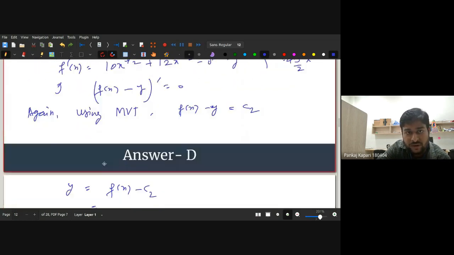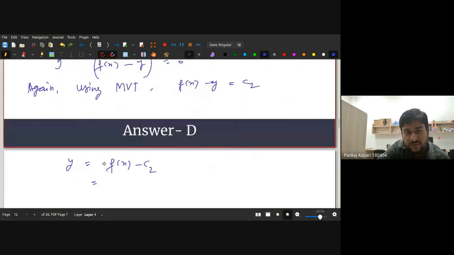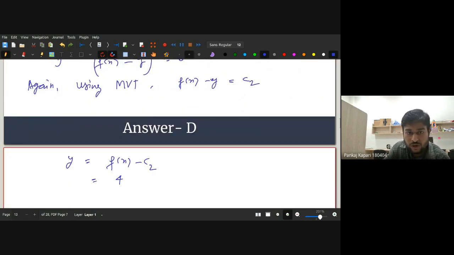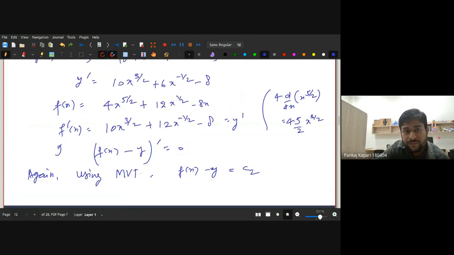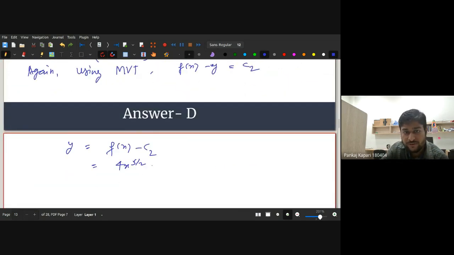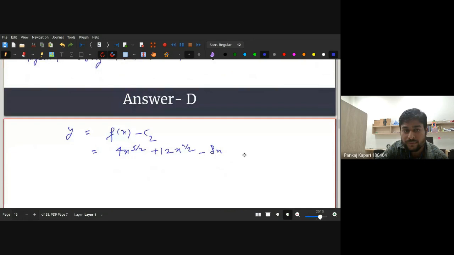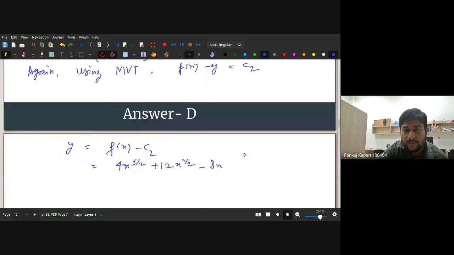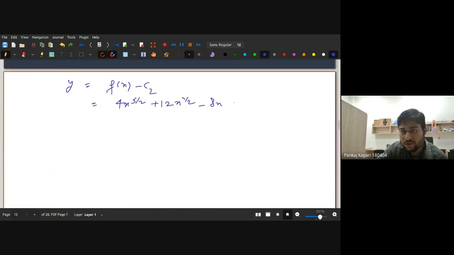We are just guessing the function. So what was f(x)? It was 4 times x to the power 5 by 2 plus 12 times x to the power half and minus 8x, and minus this constant c2.